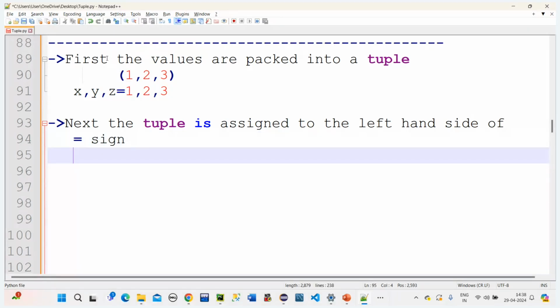So what is the meaning of this left side? Whatever is on the left is assigned first.